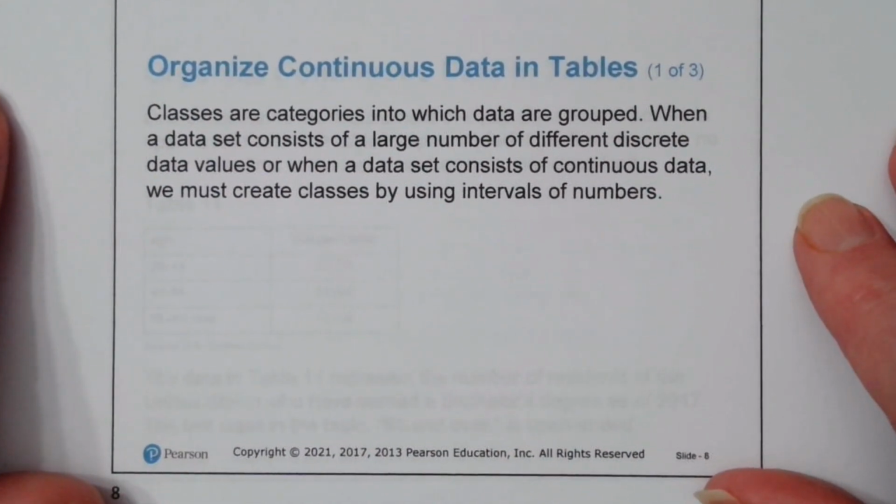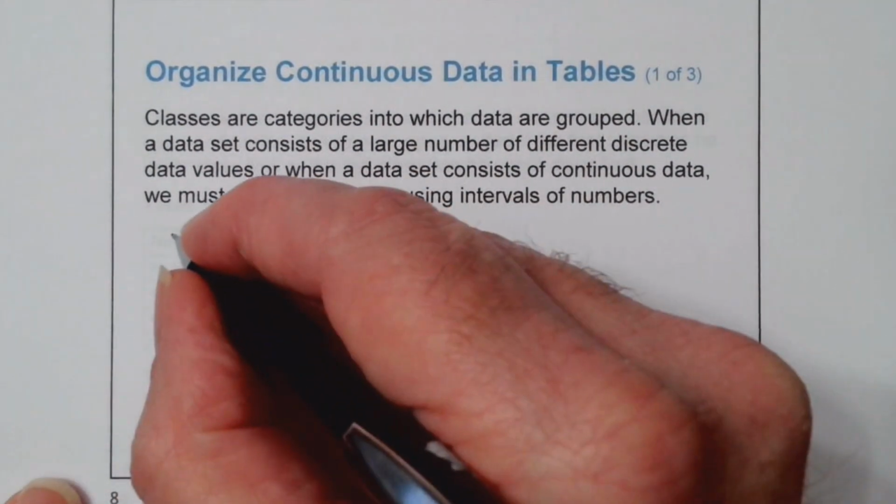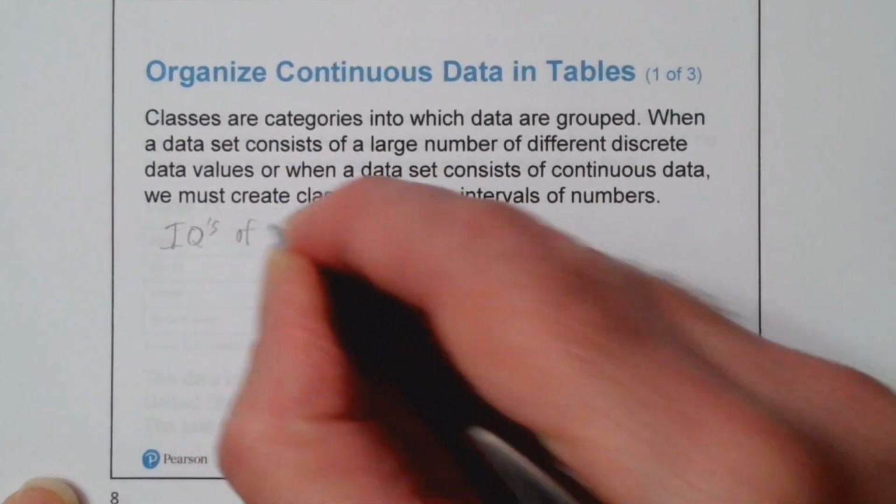So classes are categories into which data are grouped. When a data set consists of a large number of different discrete data values, or when a data set consists of continuous data, we must create classes by using intervals of numbers. So for example, in your homework, you're going to do this one problem where you look at IQs of 7th graders.